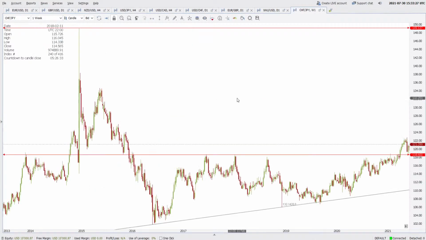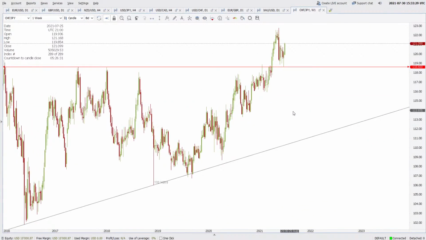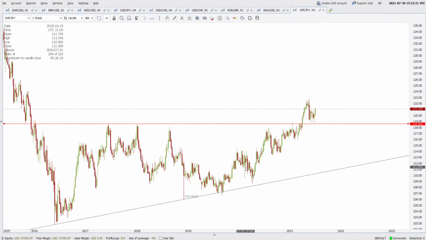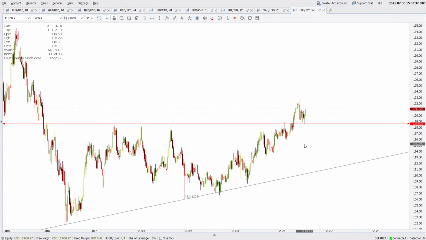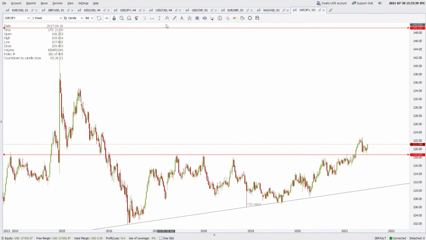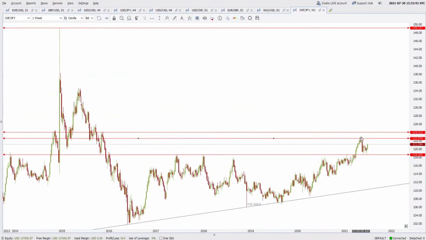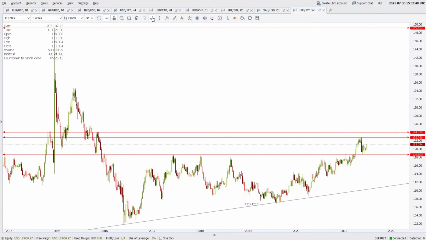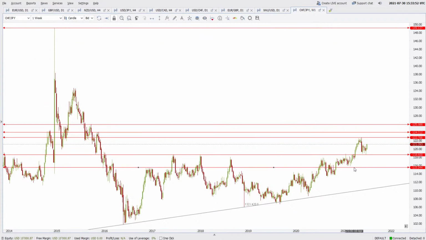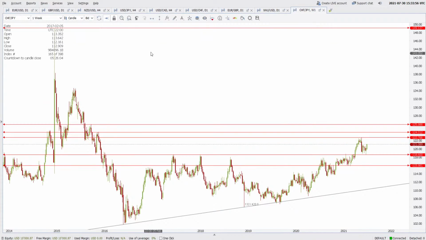Maybe open weekly now. On weekly, the price is making higher highs and higher lows. Yes my friend, it is in an uptrend, but if you are asking me where the next resistance can be and where the next support can be, these are your areas of interest.